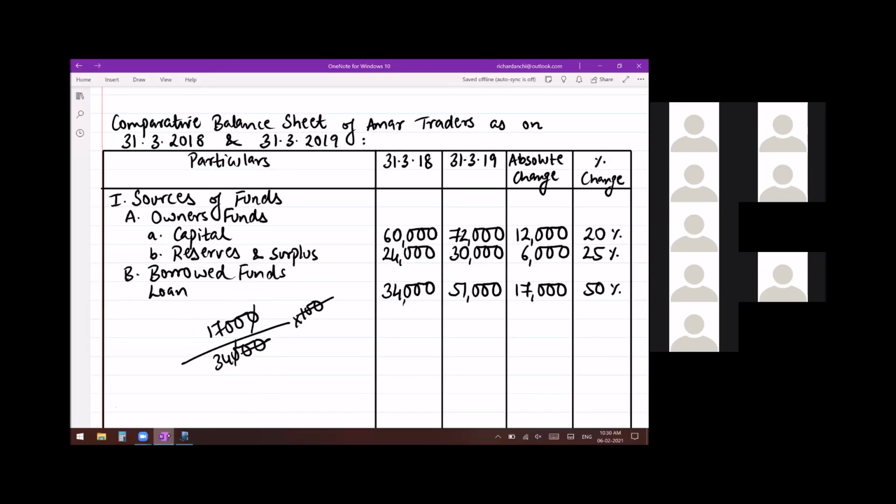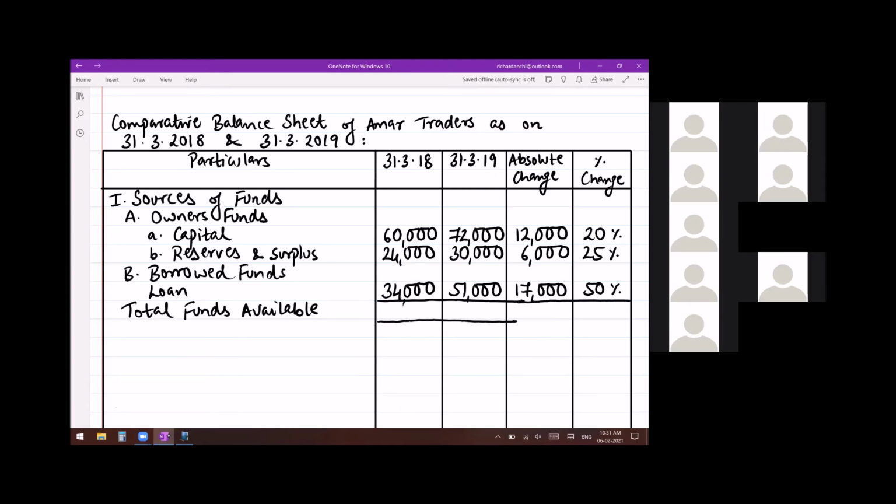Okay, let's move forward. Your liability side, that is sources of funds, is over. Take the total and call it total funds available. Total funds available. Take the total in all columns. Firstly, 2018.